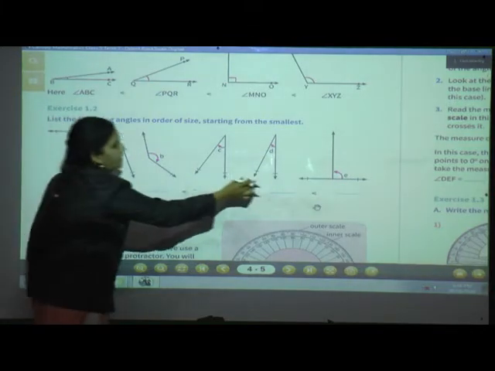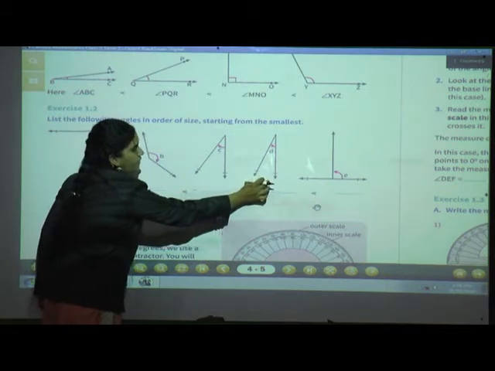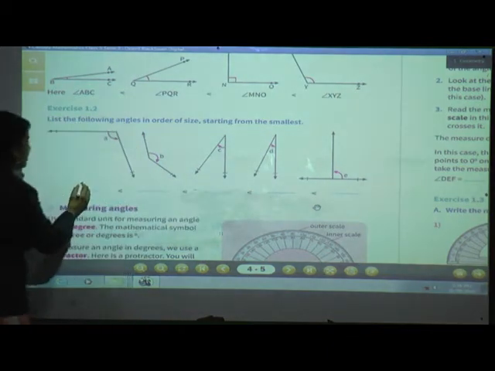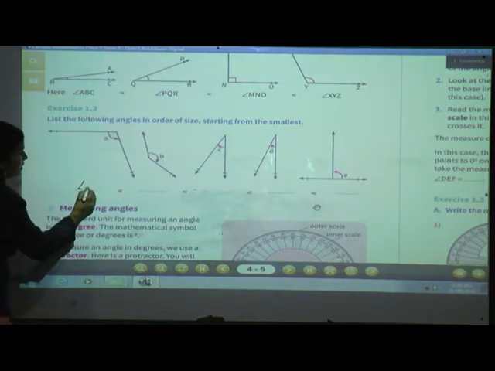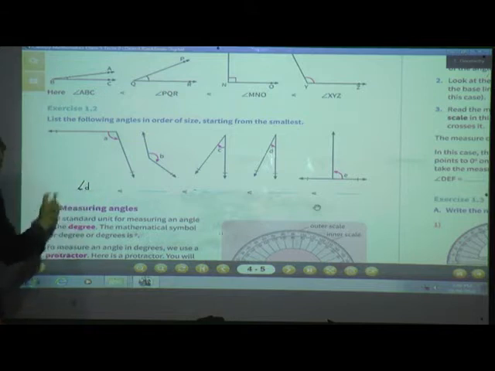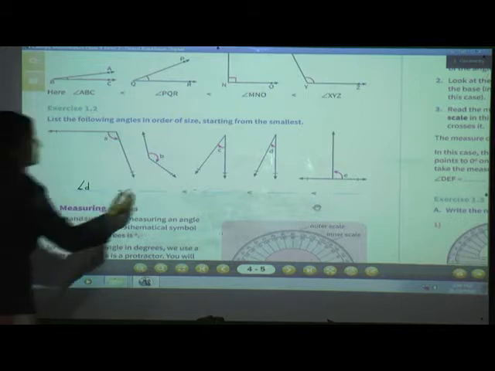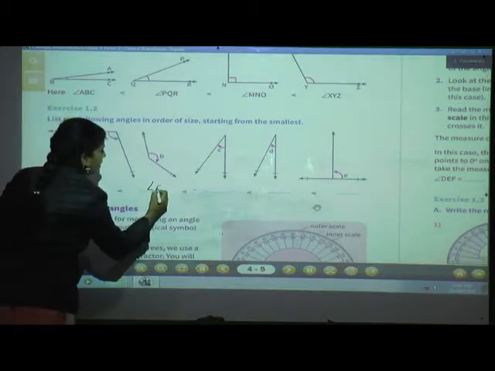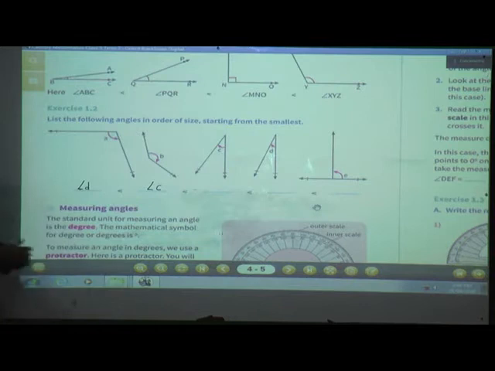Angle D is the smallest angle. Then angle C. After that, which one is bigger?